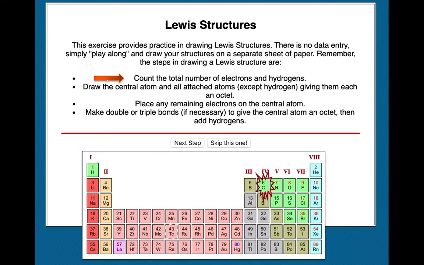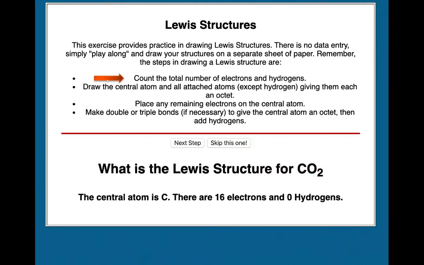We have carbon and oxygen, 2 oxygens. We have 4 valence electrons on the carbon, and we have 6 times 2, 12 on the oxygens, for a total of 16 valence electrons. All right, that's rule 1.